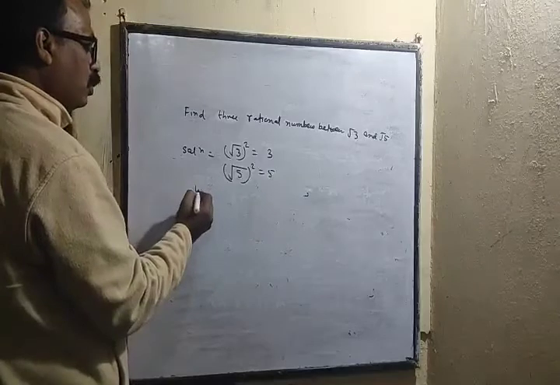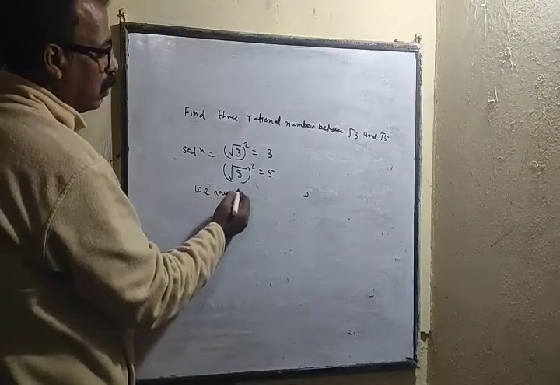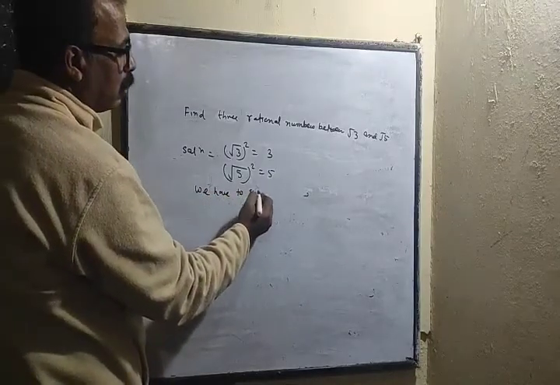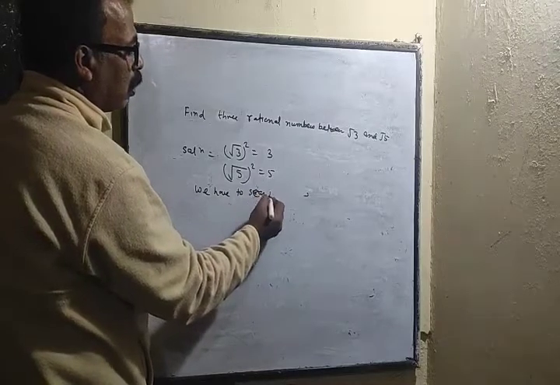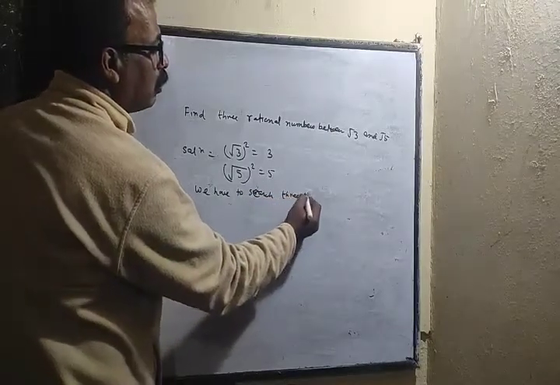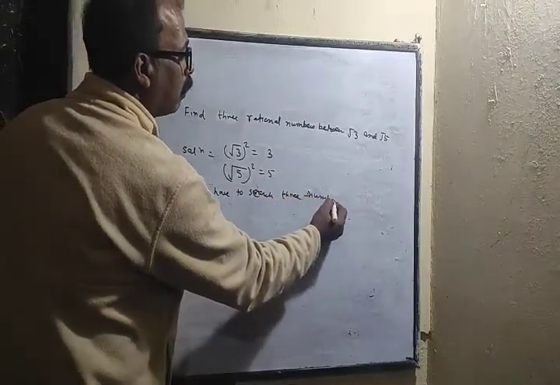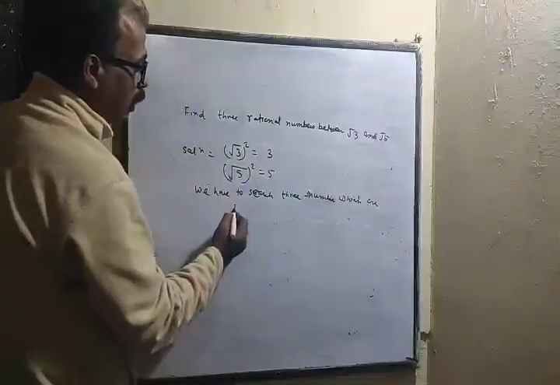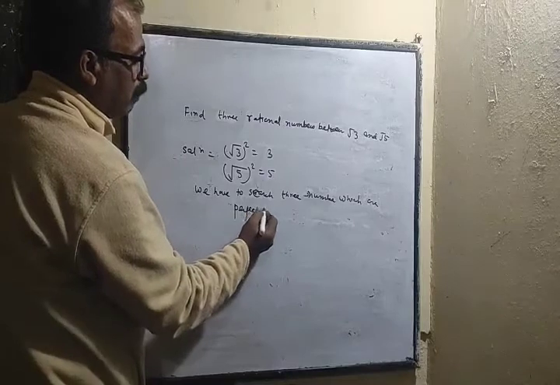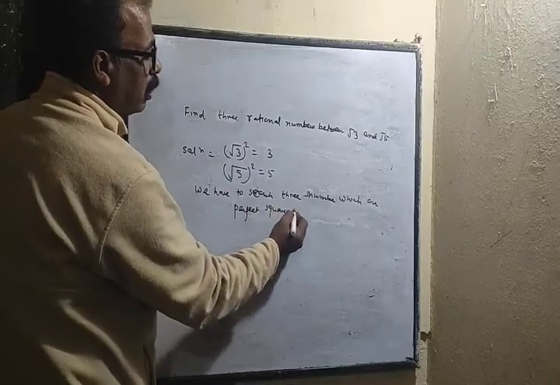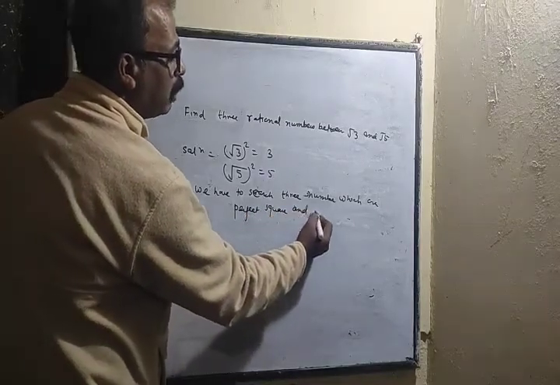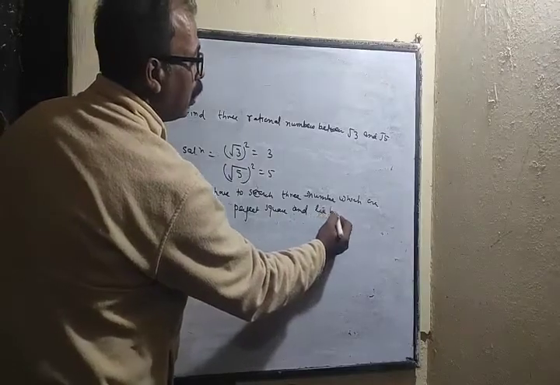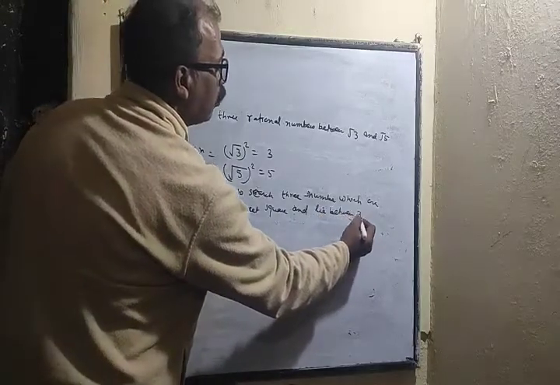And now we have to search three numbers which are perfect squares and lie between 3 and 5.